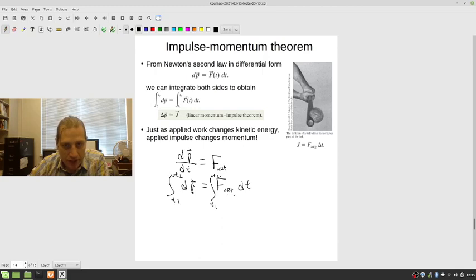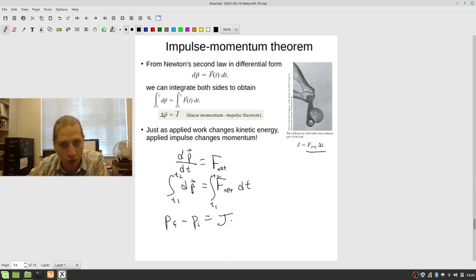And notice what this is. This is just your F average times delta t. So on this side, I have my J, that's my average force times the amount of time that I'm applying it. And over here, I have my P final minus P initial. So this is how much my momentum has changed.